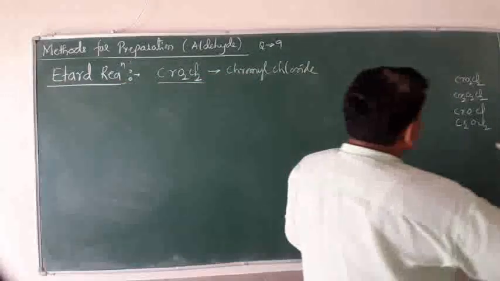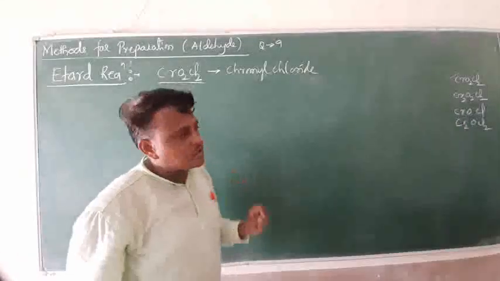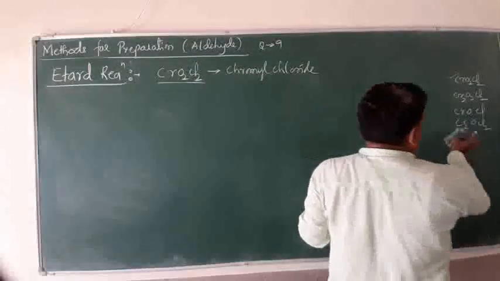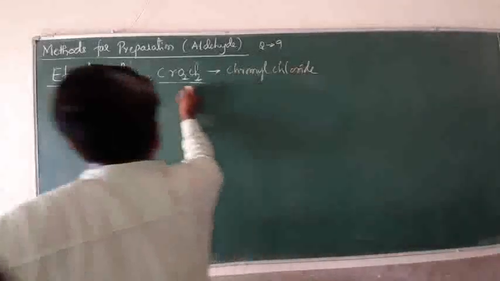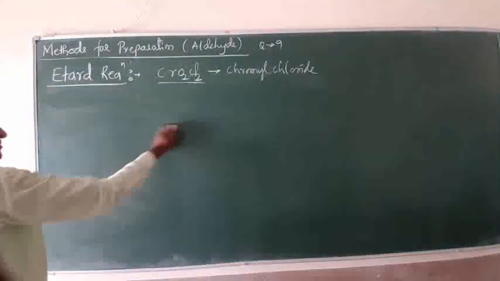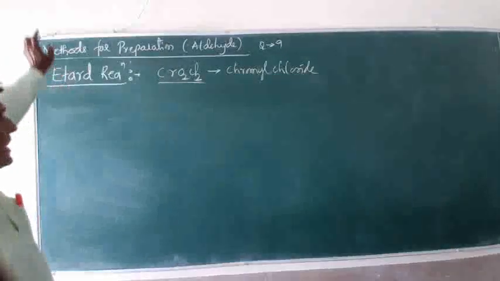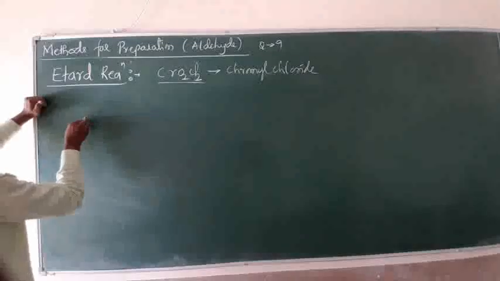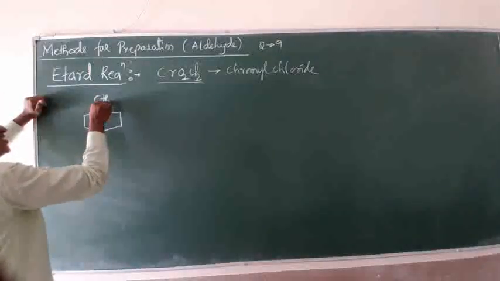I think all of you keep in your mind the first one is the correct answer, CrO2Cl2. These are the different options they provided in the competitive examination. Just don't bother about that. Now, how to prepare aldehydes from this reaction? Very wonderful, the simplest reaction.